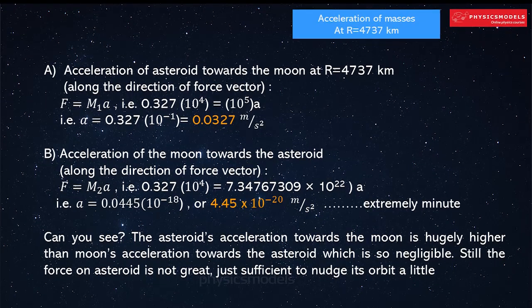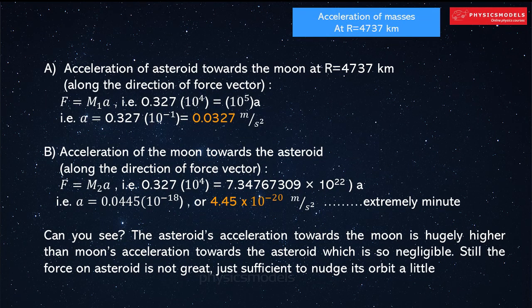The acceleration of the moon will depend upon its mass m2, and we can see here that the acceleration of the asteroid is much higher than the moon's acceleration towards the asteroid, which is extremely negligible.